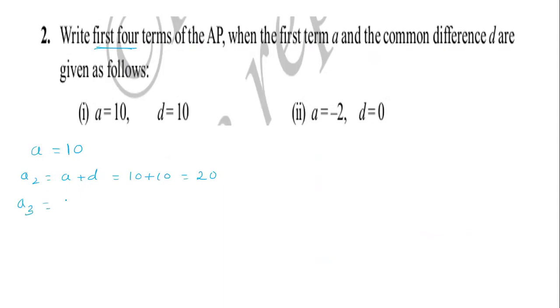A3 is equal to A plus 2D, 10 plus 2 into 10, 20 plus 10, 30.